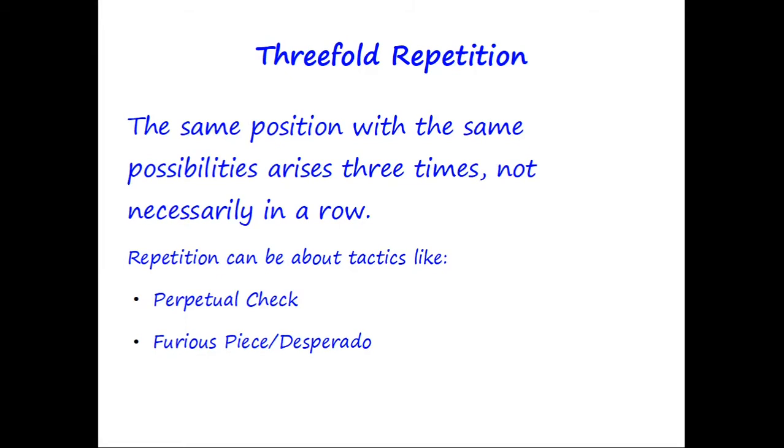Threefold repetition means that the same position with the same possibilities arises 3 times in the game, and it does not have to be 3 moves in a row. The same possibilities means that en passant and castling rights must be the same in all 3 cases.